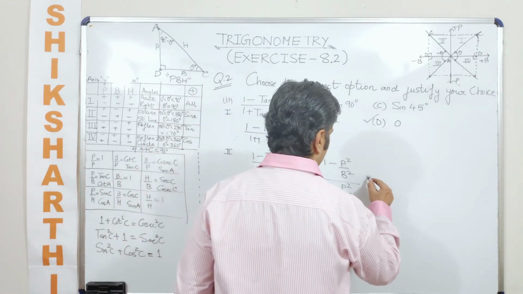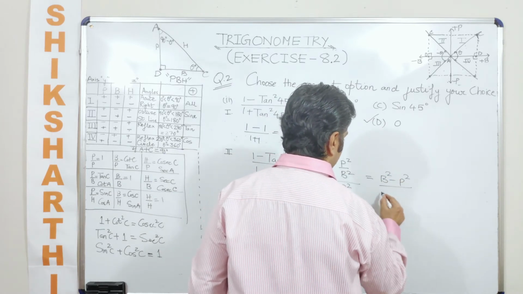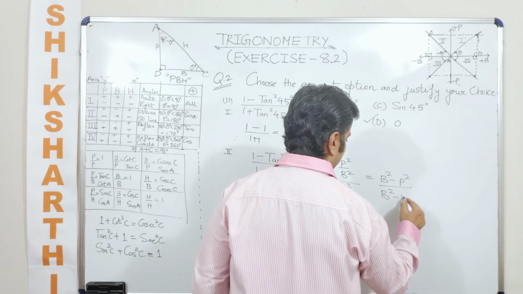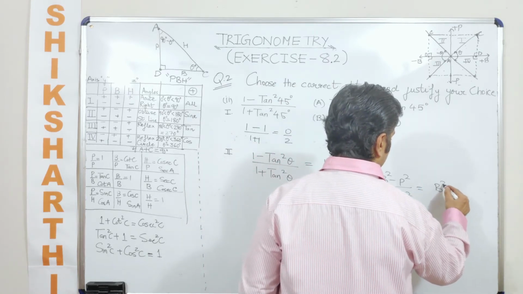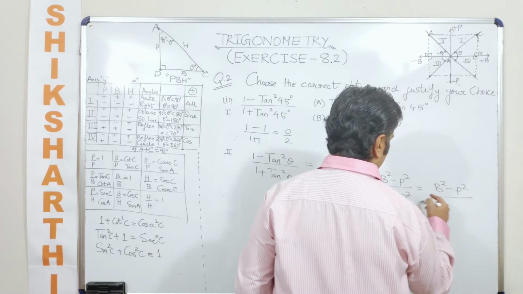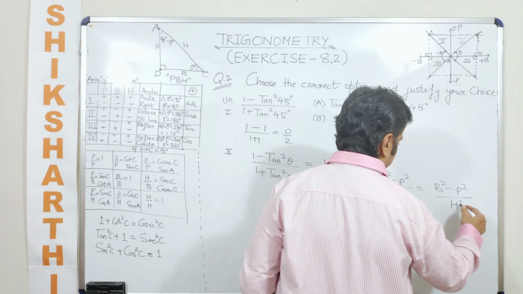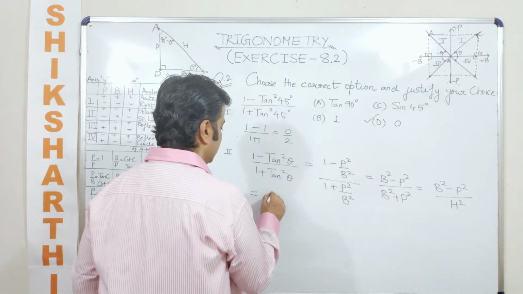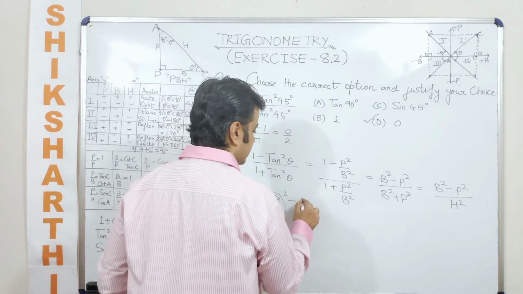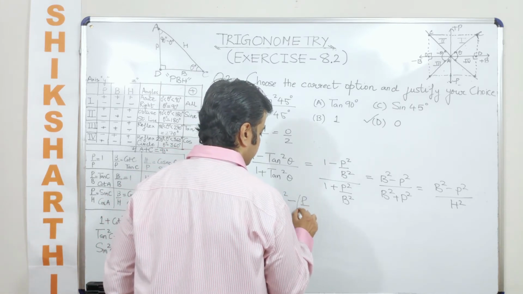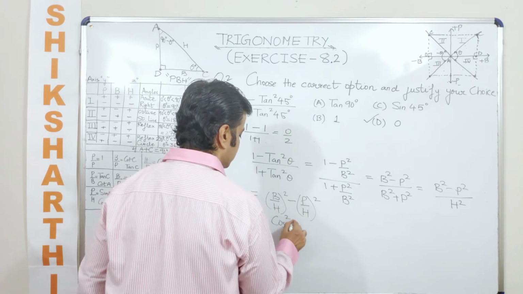Now this can be written as b square minus p square divided by b square plus p square, which can be further written as b square minus p square, and using the Pythagoras theorem, b square plus p square is h square. So can I eventually write it as b upon h whole square minus p upon h whole square? What is b by h? Cos theta. So this I'll write as cos square theta.